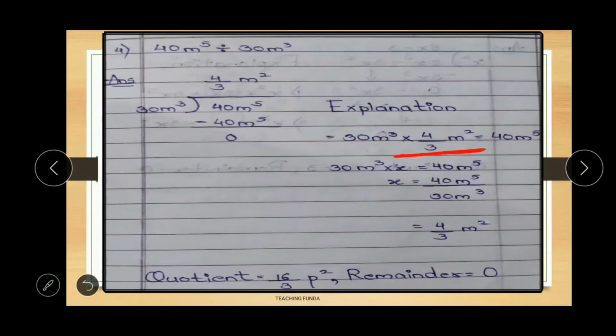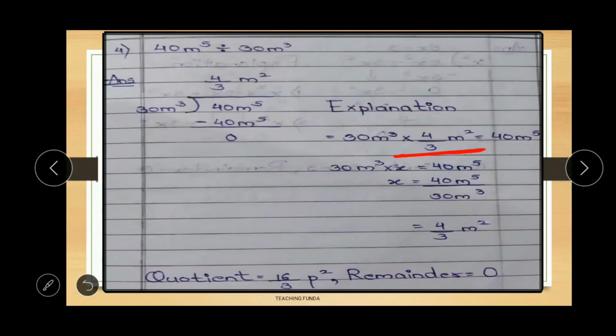Why are you considering the answer as x? Because here direct division or direct multiplication is not possible. Here you are getting the answer in the fraction form, so you have to consider this answer as x first, and in this way you have to find out the value of x.